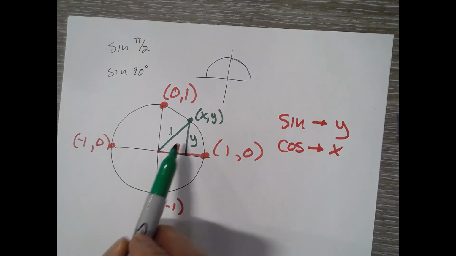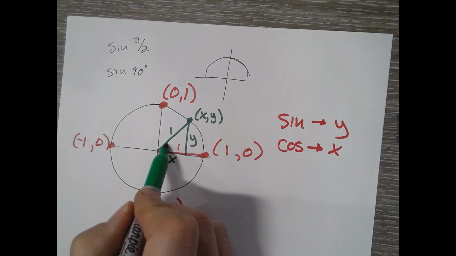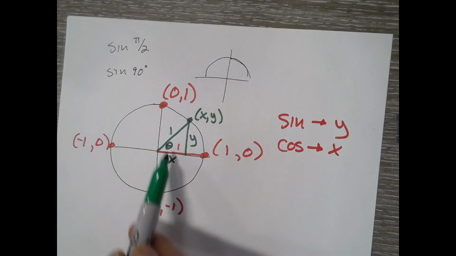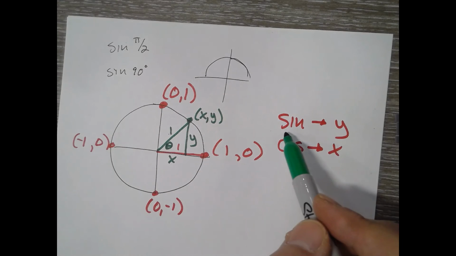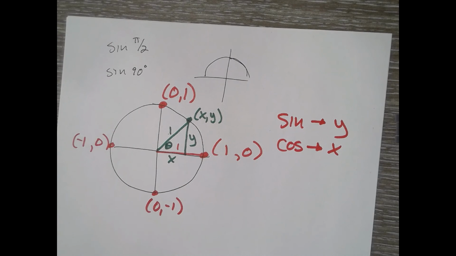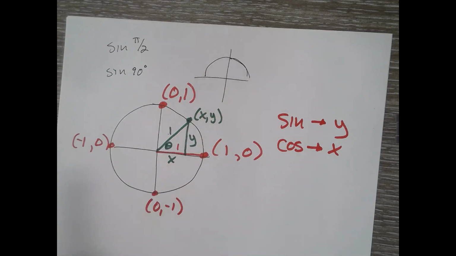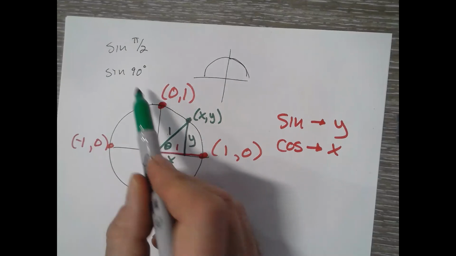What's the cosine of that angle? X over 1, or x. So remember that the sine is y, cosine is x. So here's the question. What is the sine of pi over 2? That is the y value at that ordered pair right there, because that's 90 degrees.